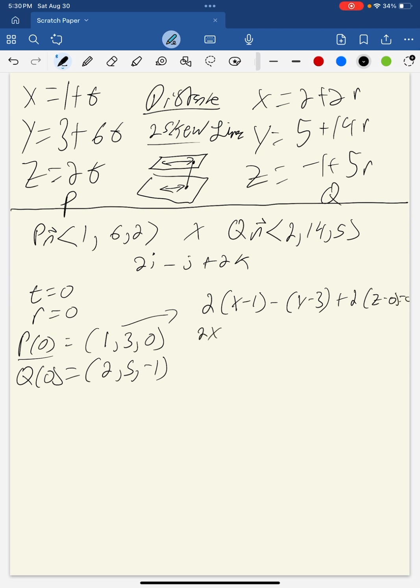And then simplifying this, we have 2x minus 2 minus y plus 3 plus 2z minus 0 equals 0, which, simplifying it further, is 2x minus y plus 2z plus 1. This is the reduced form of this.